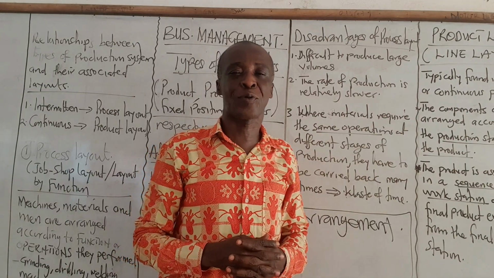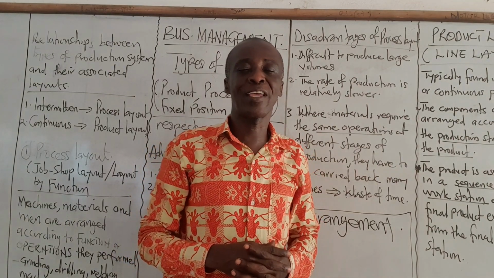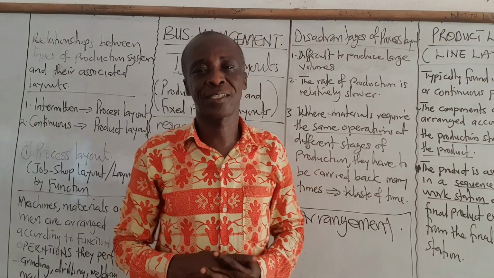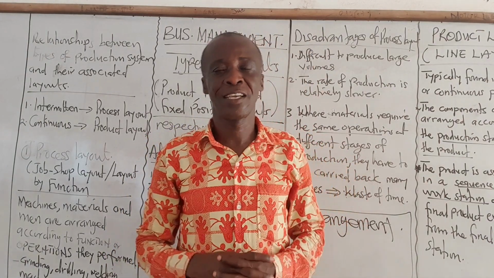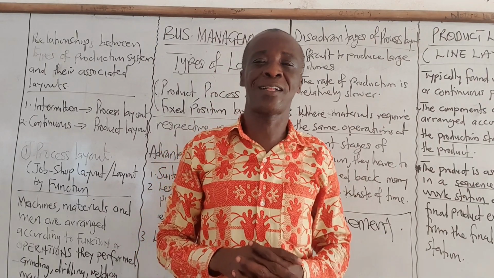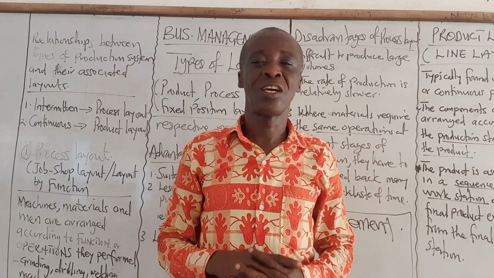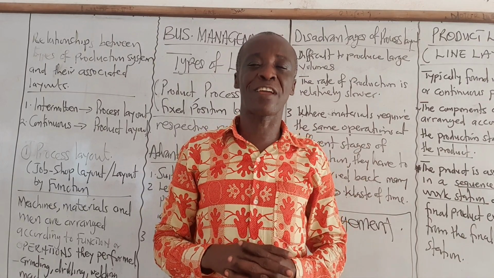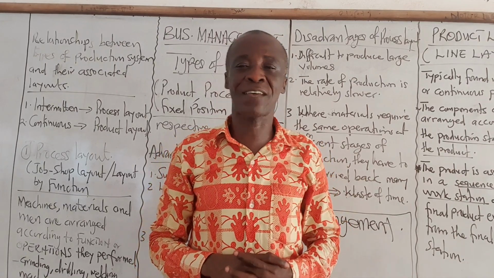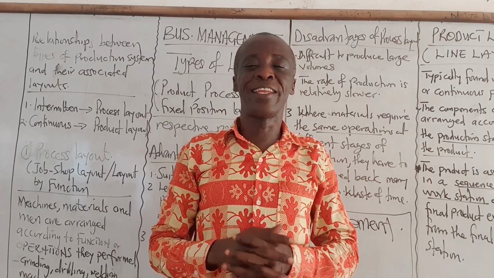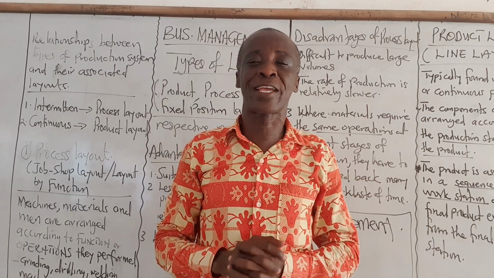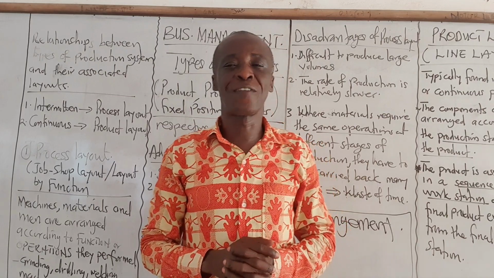Efficiency is very important. So the arrangement of your machines, the arrangement of men, the arrangement of materials is very crucial in production of goods and even rendering of useful services. So today, as I've already indicated earlier, we'll be looking at the types of layout.